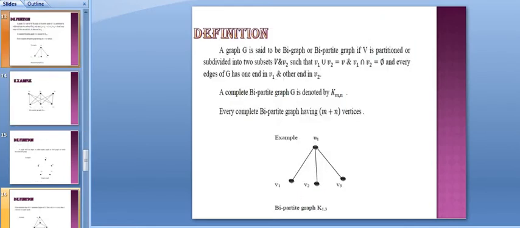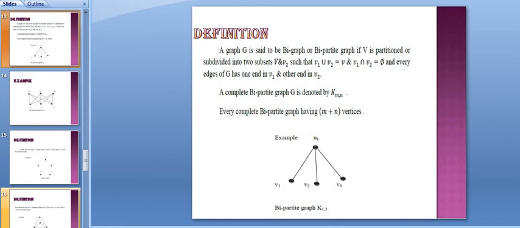Bipartite graph. A graph G is said to be a bigraph or bipartite graph if the vertex set V is partitioned into two subsets V1 and V2 such that the union of V1 and V2 is V and the intersection of V1 and V2 is the empty set, and every edge of G has one end in the set V1 and the other end in the set V2.